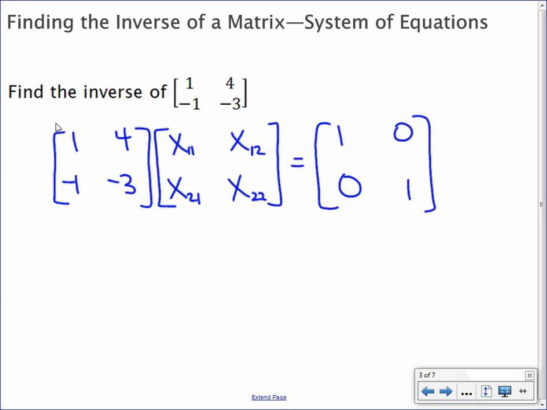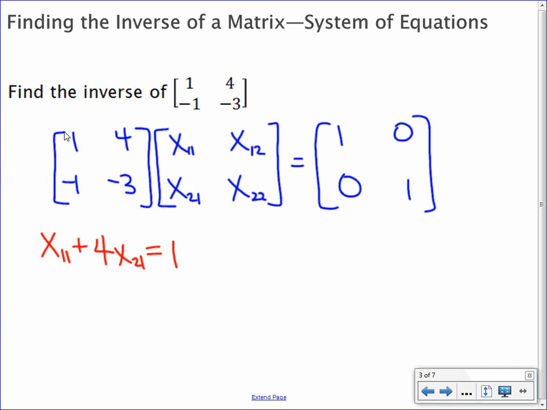So what do we know about multiplication? We do row times column, and that equals whatever entry. So 1 times x sub 1,1 plus 4 times x sub 2,1 should equal what? 1, because it's in the first row, first column.